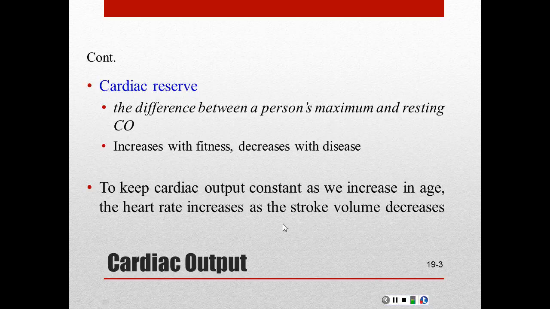But if the heart rate increases and the stroke volume decreases, then it will stay the same. If they both increase, then the cardiac output will increase. And if both of them decrease, then we know that it will decrease.